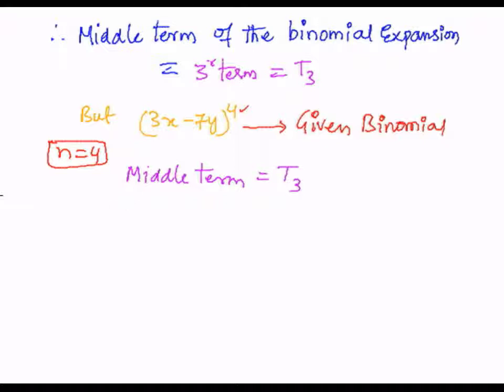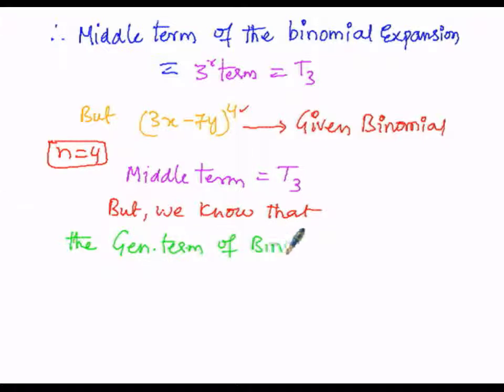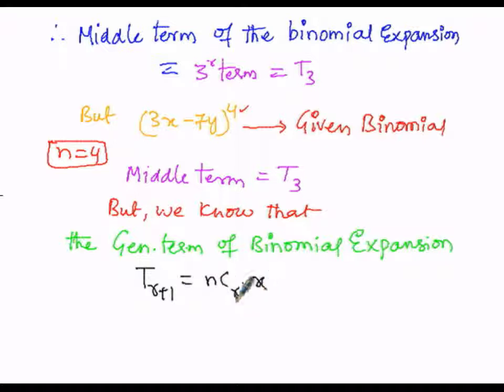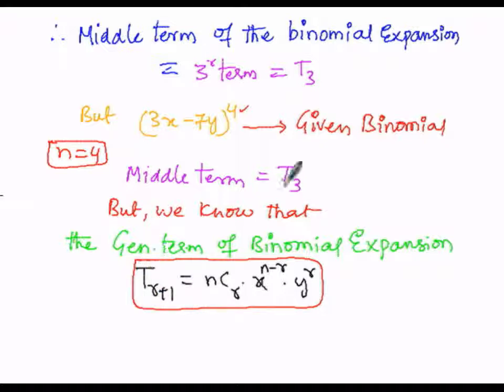Here we know that the general term of the binomial expansion is given by T(r plus 1) equals nCr into x to the power of n minus r into y to the power of r. Now based upon this general term formula, we are going to find out T3, that is the third term.